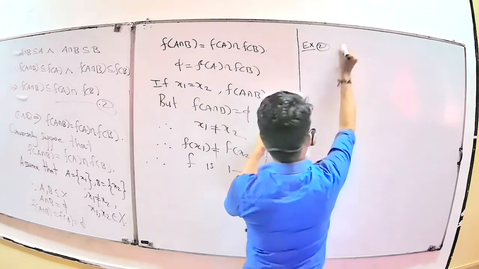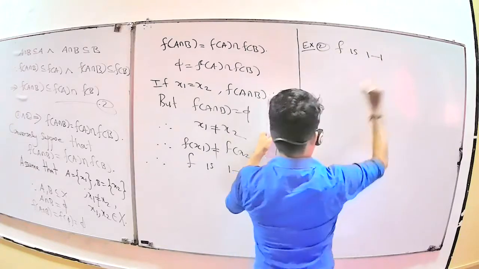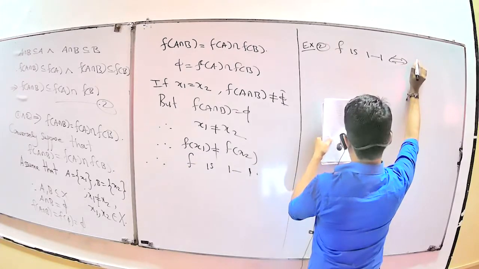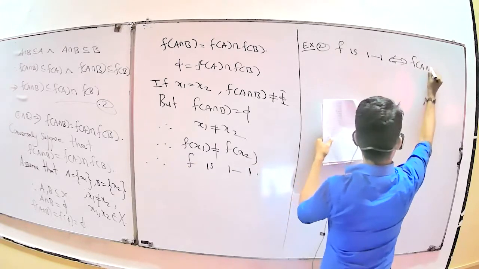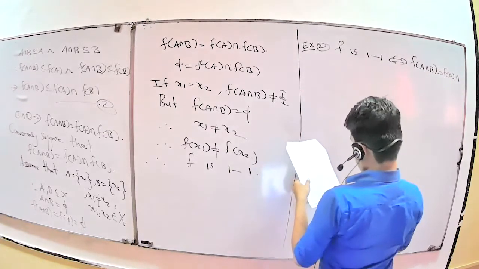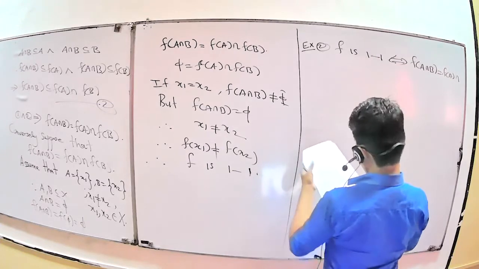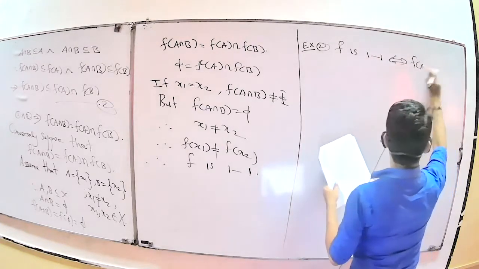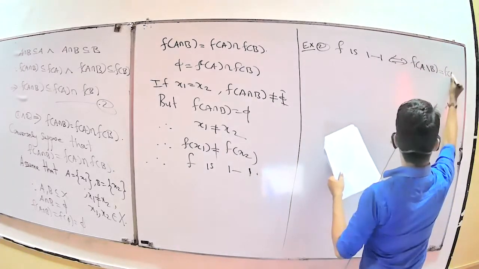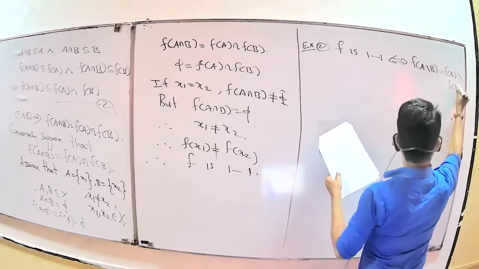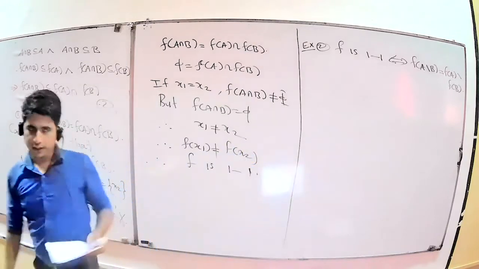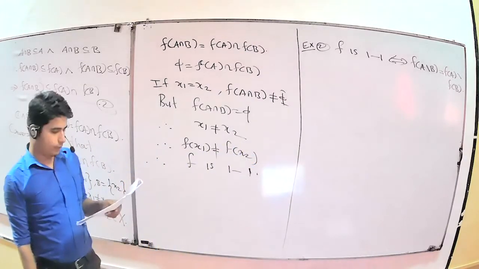You want to show that f is 1 to 1 if and only if f of A minus B equals f of A minus f of B. Okay, this part now we want to do. F is 1 to 1 if and only if f of A minus B equals f of A minus f of B.